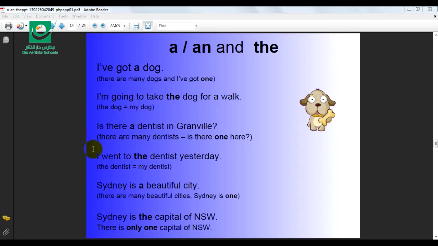Or another one, is there a dentist? You are talking about any dentist, and we have many dentists. But if you say, I went to the dentist yesterday, it means you went to your dentist.